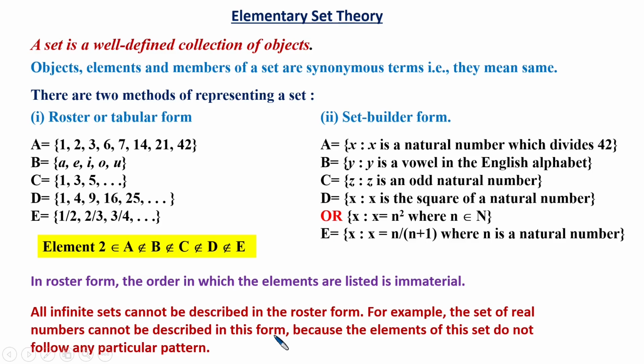It will have many real numbers. Between two real numbers there are many real numbers, so it is an infinite set. Because the elements of this set do not follow any particular pattern, you cannot represent it in roster form. But you can write it in set builder form, where you can say set S is equal to X such that X belongs to the real numbers R.